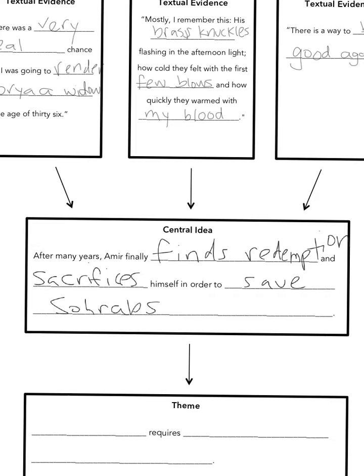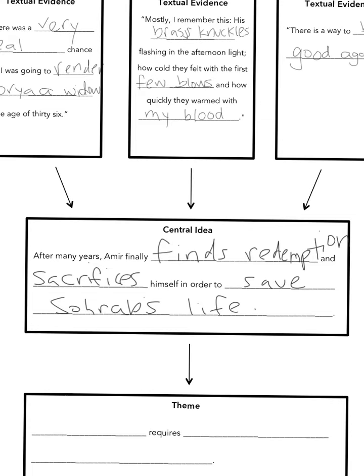After many years, Amir finally finds redemption and sacrifices himself in order to save Sohrab's life. So this statement is what the story is mostly about. It has specific names, like Amir and Sohrab, and specific details, sacrificing in order to save his life. It's very specific to the text and tells us what it's mostly about.